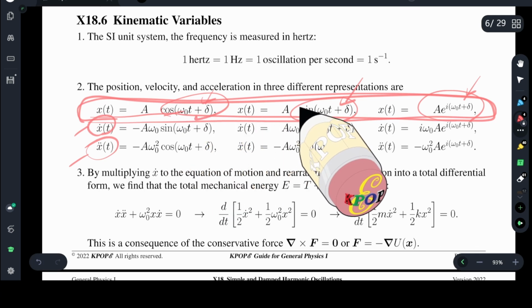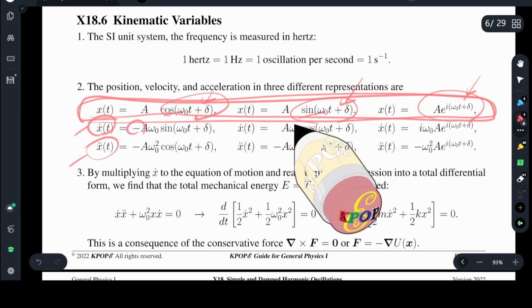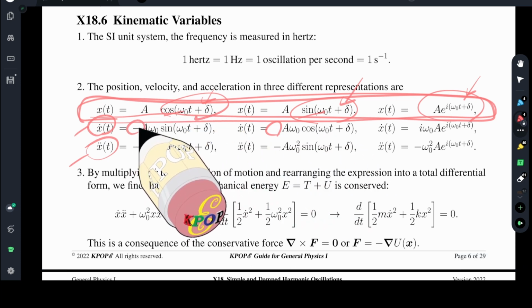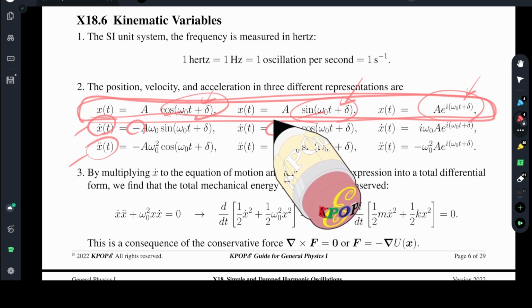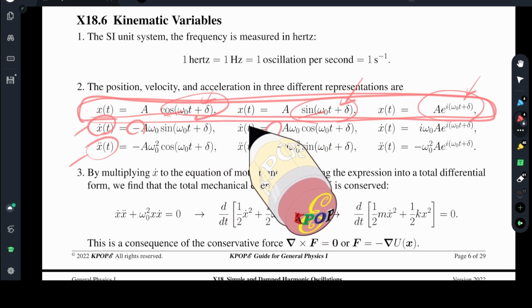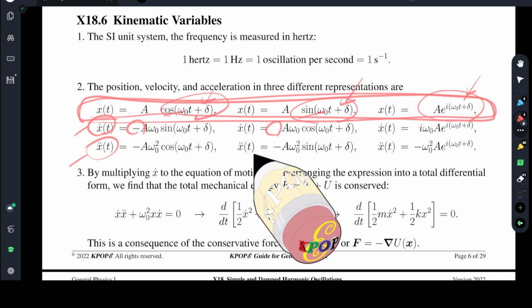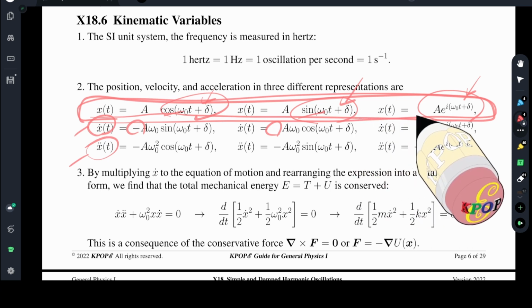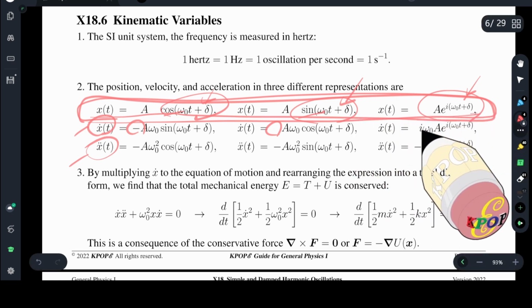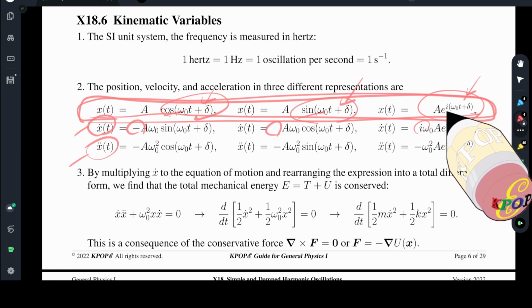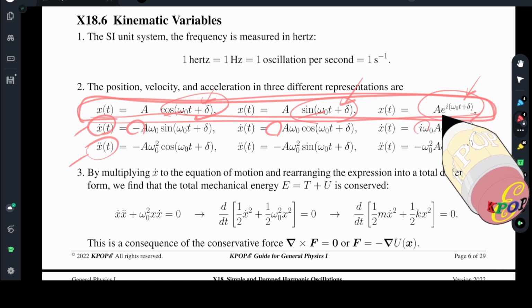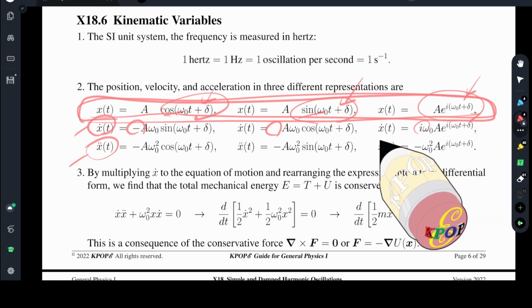If you make use of sinusoidal functions, the signs are rather complicated, because the derivative of cosine brings in a negative sign, but the derivative of sine does not. So they are a little bit irregular, but you are now familiar with this kind of calculation. However, if you make use of exponential functions, the rule is very simple. Each derivative brings in the i factor, and the factors are identical for any number of derivatives.